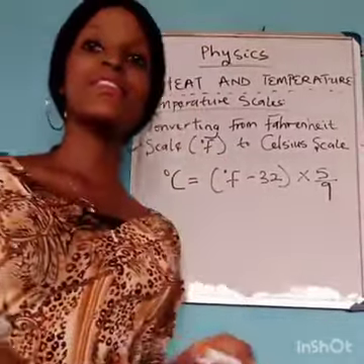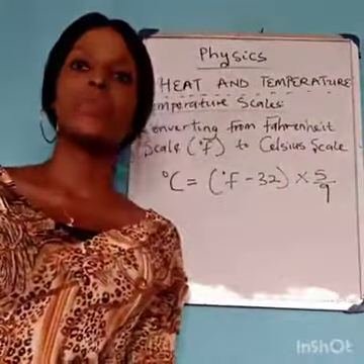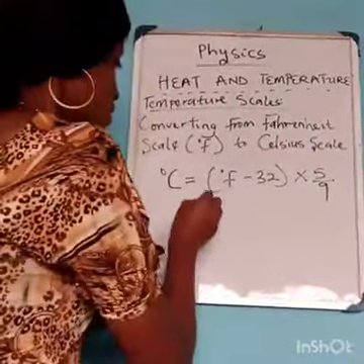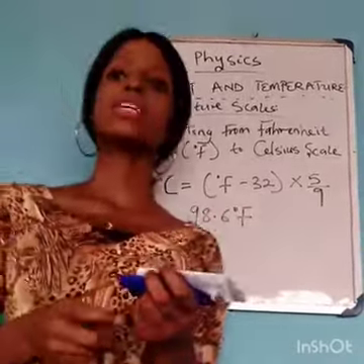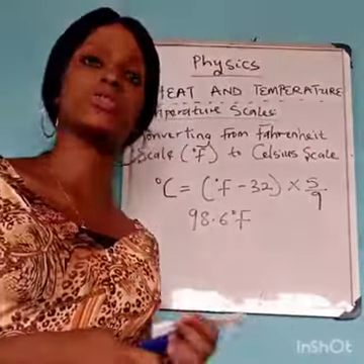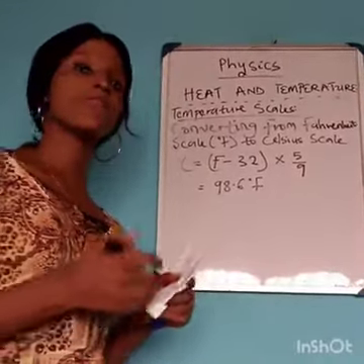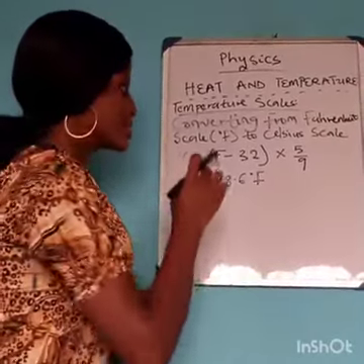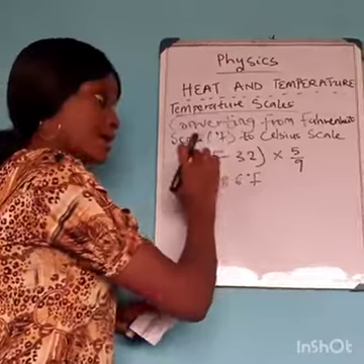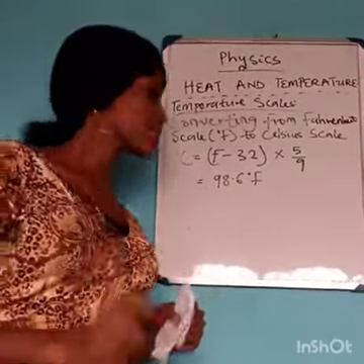Example, if you are told that the body temperature is 98.6 degrees Fahrenheit, and you are asked to convert this to degrees Celsius, you simply subtract 32 from the Fahrenheit, multiply by 5, then divide your answer by 9.